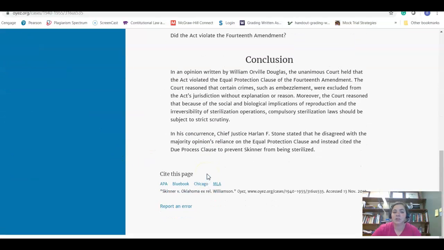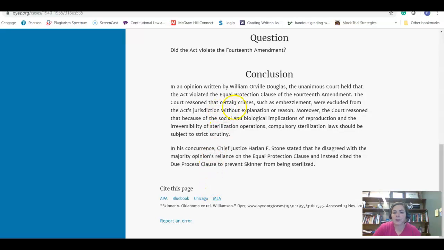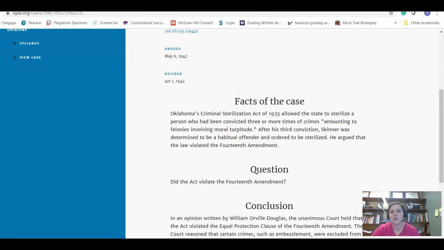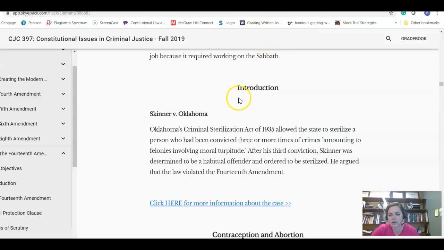And when we come over here to the conclusion, the Supreme Court agreed that sterilization has to meet a high burden. We generally have the ability to procreate. We are people, and so taking that right away from somebody just because they've committed felonies, and some of those could be low-level felonies, is not okay.